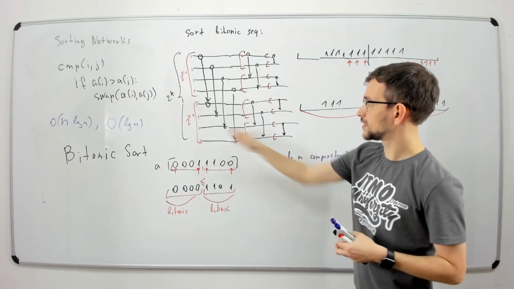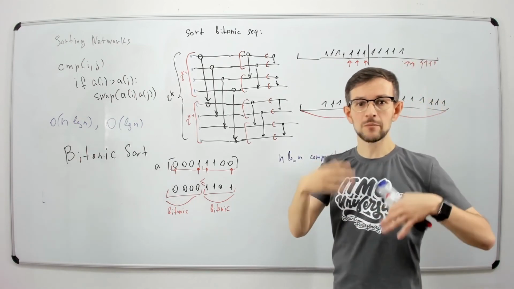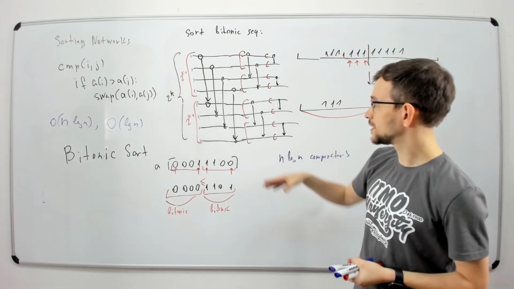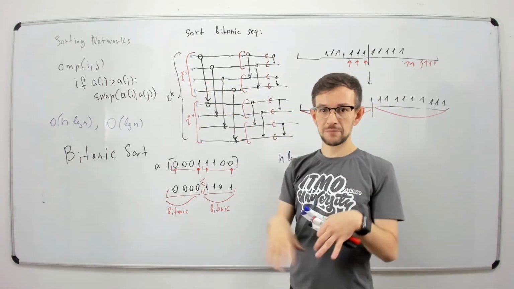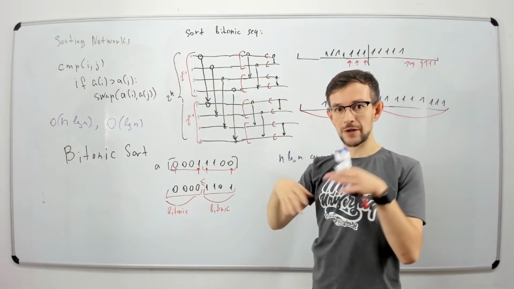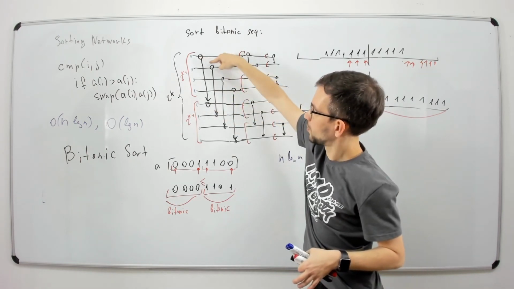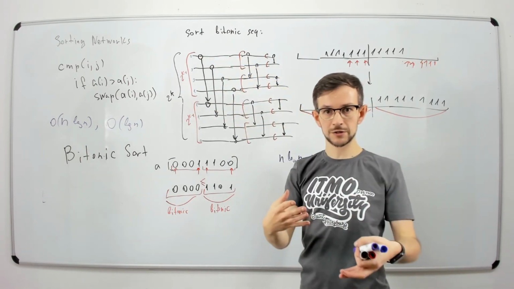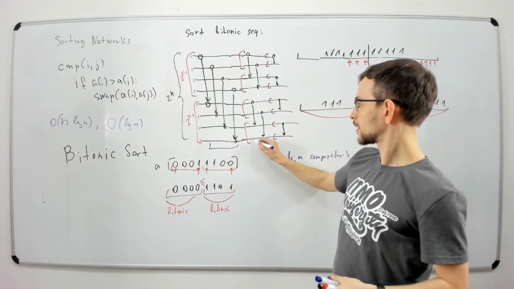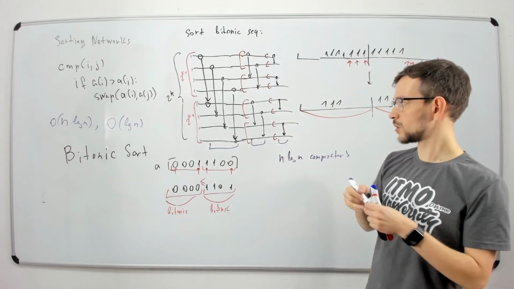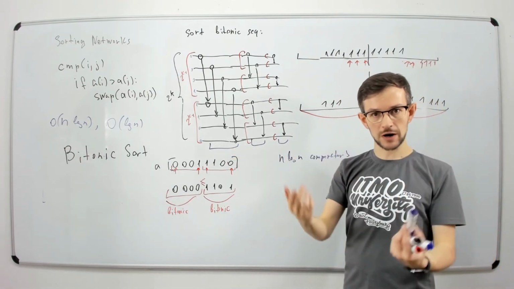And what is the depth of this network? So what is the total number of concurrent calls? Let's see. On each step, all these comparators can be run simultaneously. They don't depend on each other. So we compare these elements with these elements. All these 4 comparators can be run simultaneously. So we need one concurrent run here, another here, and another here. So the total number of these concurrent calls will be log n.